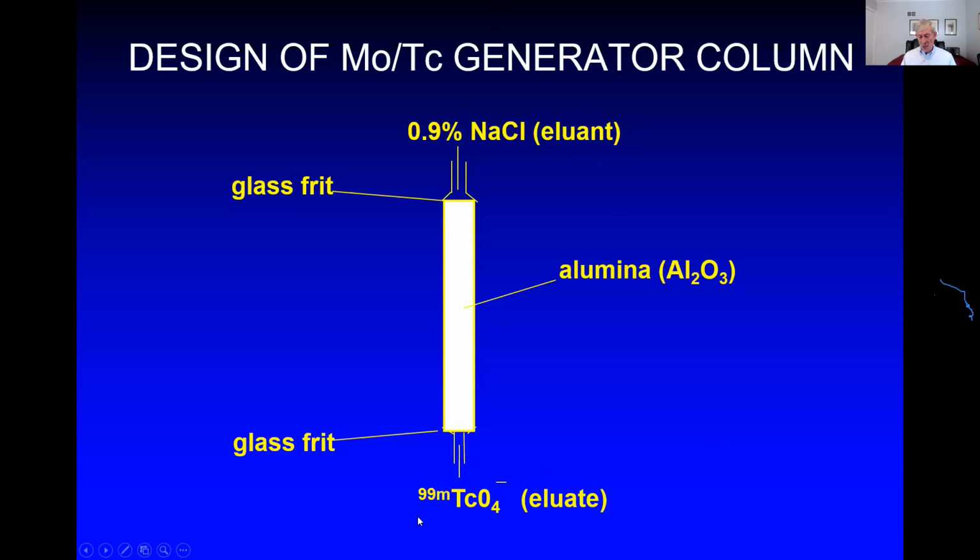You'll note this is an anion, a negative ion, with a -1 charge, and that is what we desire. We never want that molybdenum to come off. What's in this glass column is simply aluminum oxide, and you'll see shortly that the affinity of molybdenum for this aluminum oxide is infinitely high, and the affinity for pertechnetate is infinitely low, and it simply washes right off.